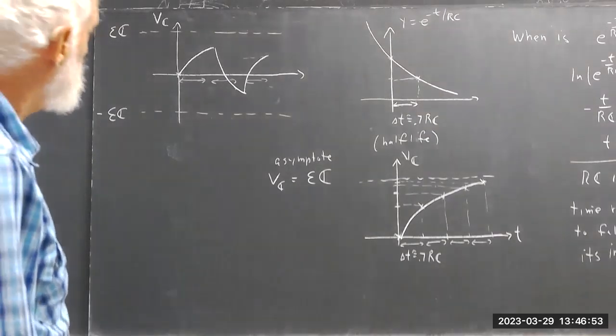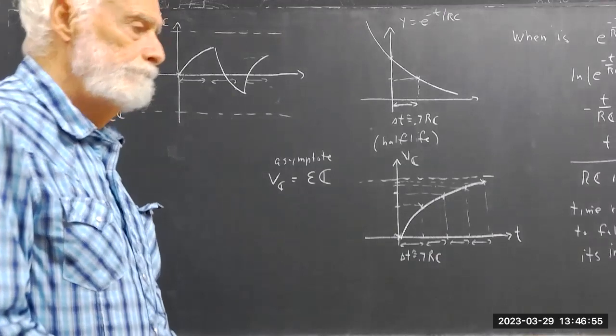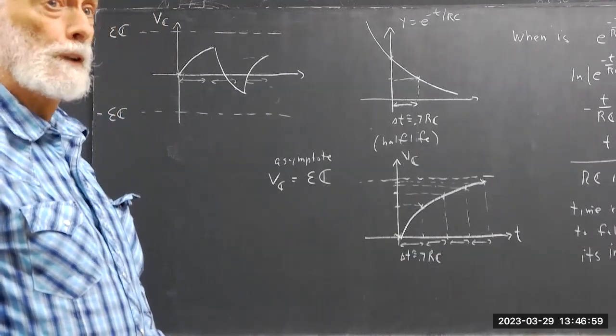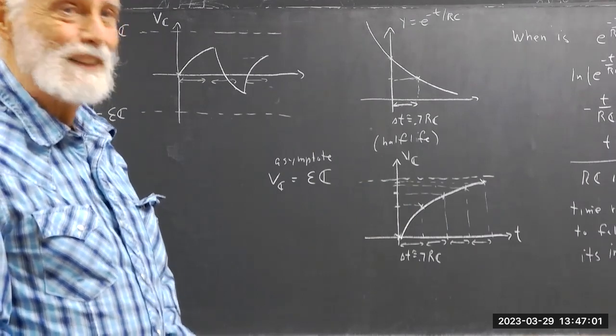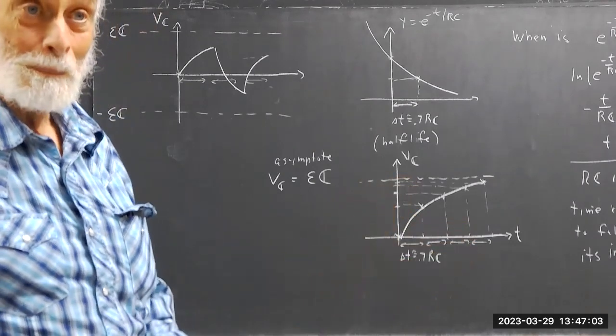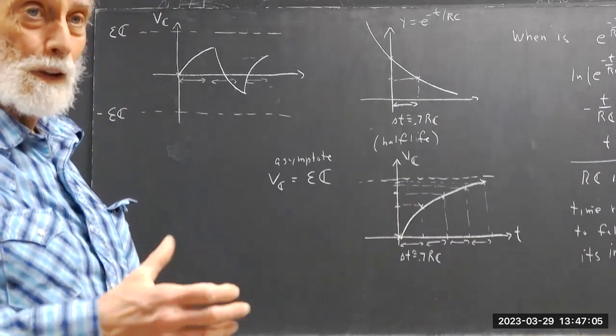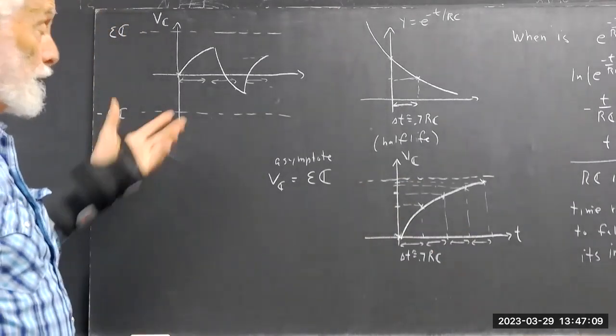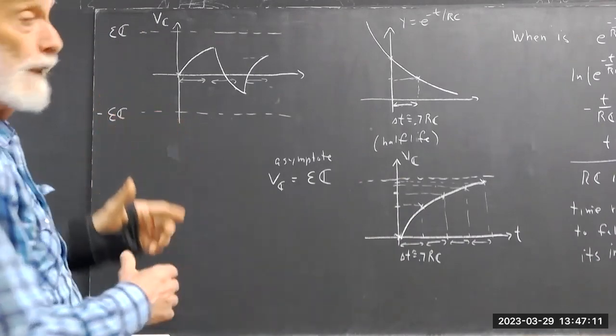Then you can write it out as an equation, and we'll Laplace transform it. You're not going to have to do that, but you know how to do that. Once you got far enough into the Laplace transform, you can solve it. It's like a step function.